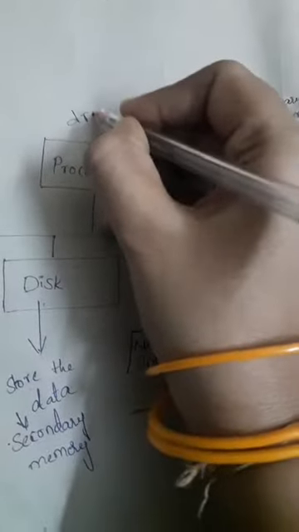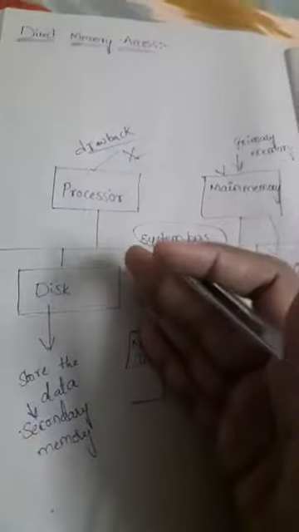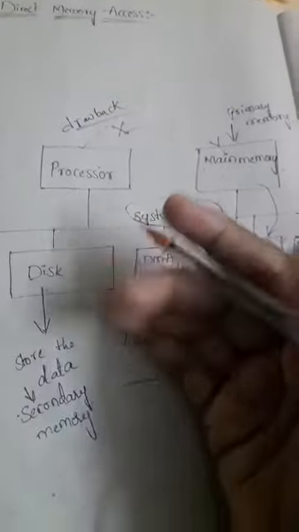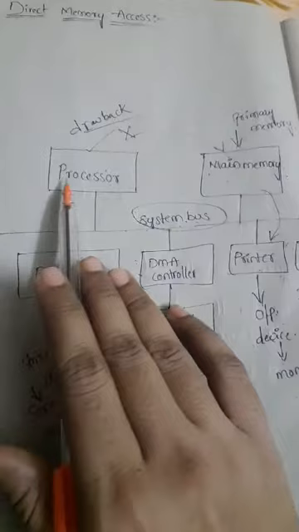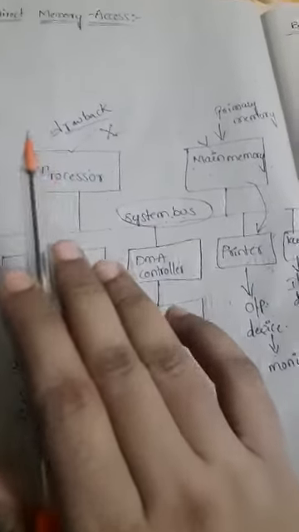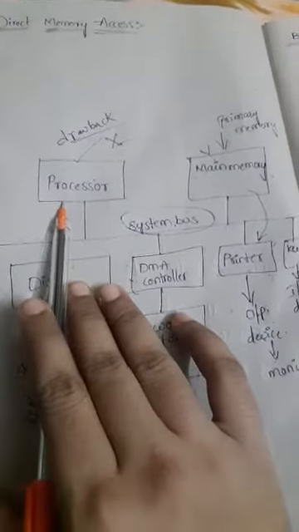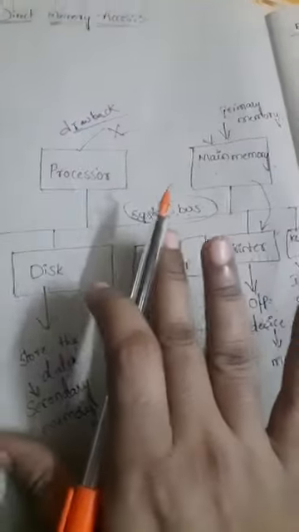That is the drawback we have. If we remove the processor, is there any advantage? Yes, we have one advantage: we will save a lot of time and the work will complete very fast. That is the advantage of removing the processor.